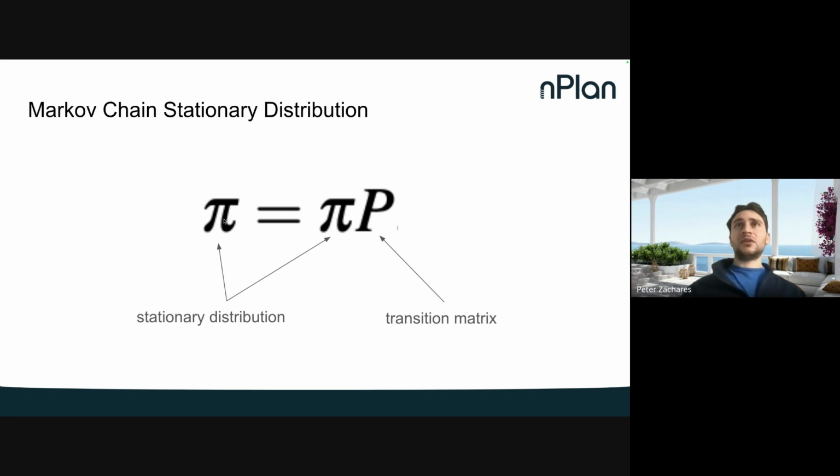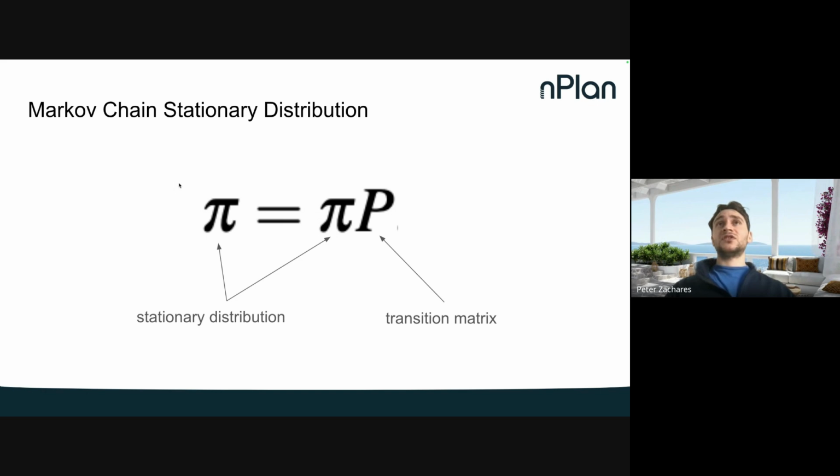If anyone's familiar with linear algebra, and I'm going to go into a little bit of linear algebra, which I hope isn't too much, this equation might remind you of eigenvectors and eigenvalues, because this is really similar to how you would describe an eigenvector and an eigenvalue.